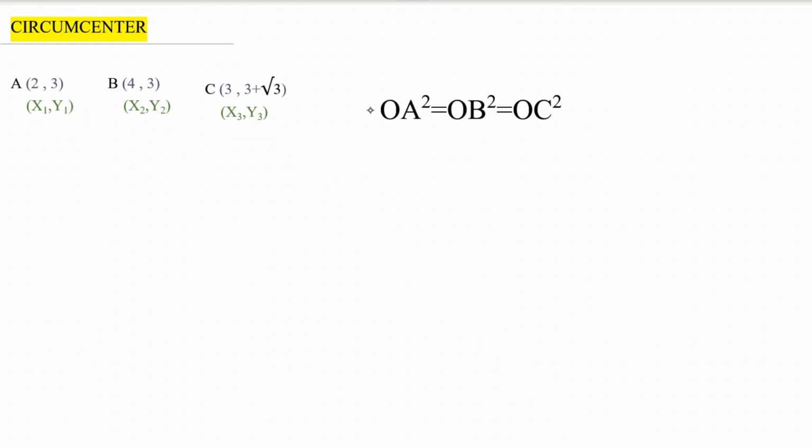Circumcenter. To find the circumcenter, we'll use the fact that the center is equidistant from the vertices. We have to find the distance values, equate them, and then we will get the position of the circumcenter. So initially let us take this O value to be (h, k). These are the coordinates of the circumcenter.